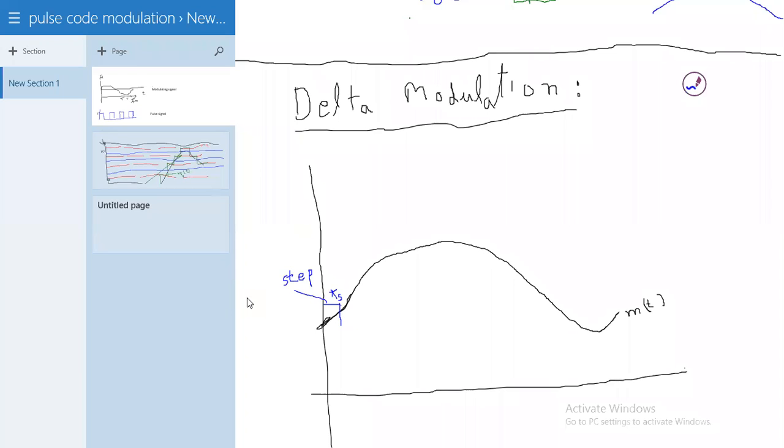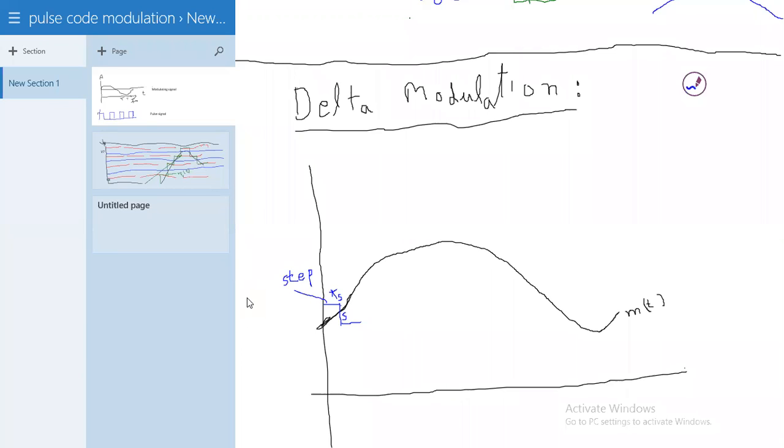That step value you can consider as s, a fixed value, s. Then the step signal stays Ts seconds.